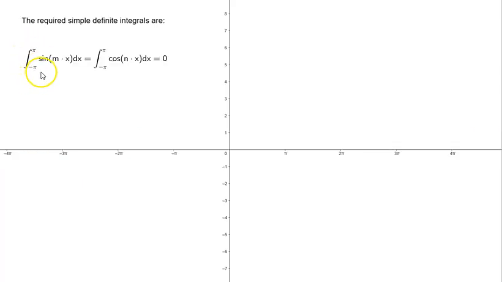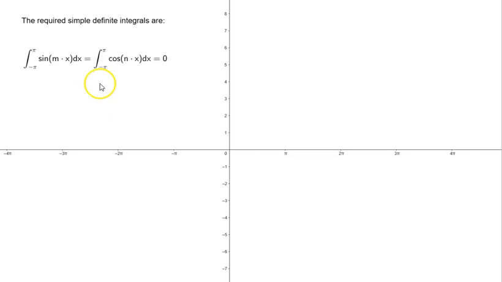The integral of sine mx dx in the interval minus pi to pi is equal to 0. Again, the integral from minus pi to pi of cos nx dx is also 0.